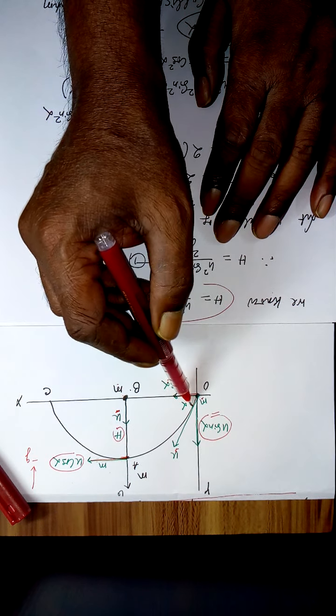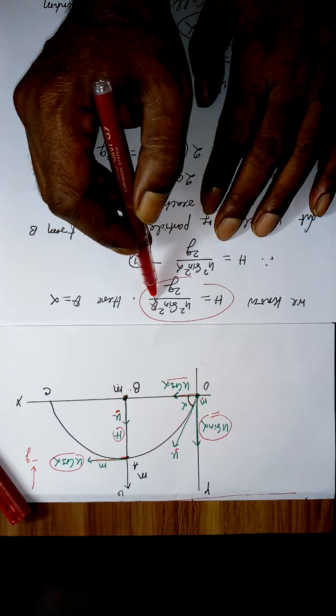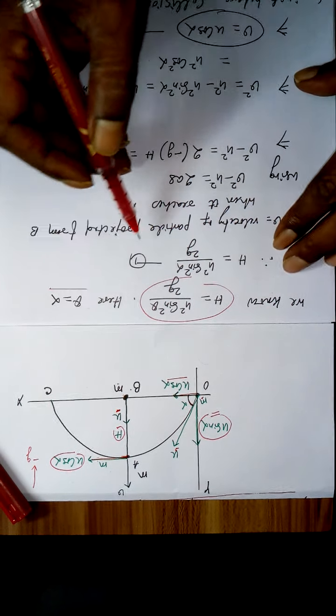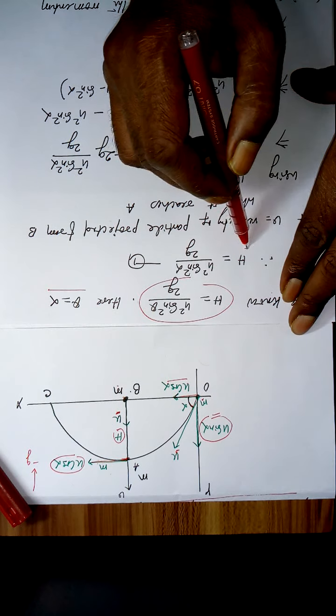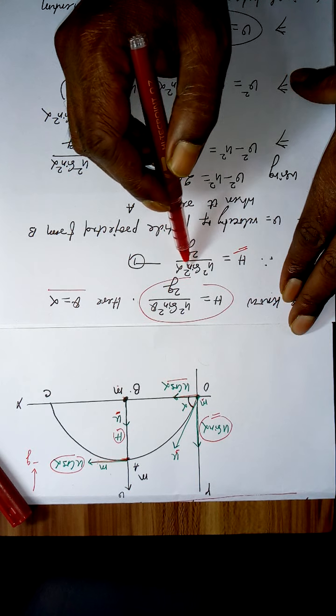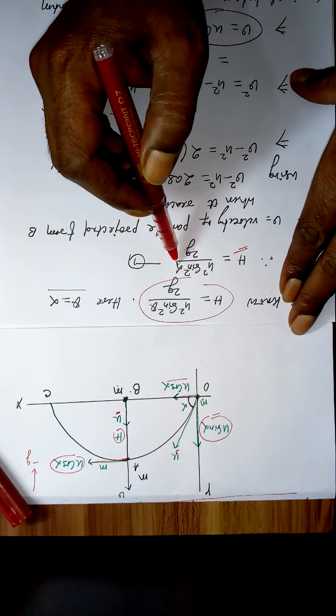But here it is given as alpha, so we have to replace theta with alpha. So this maximum height from here to here, from B to A, h will be equal to u square sine square alpha over 2g. In place of theta, I write alpha.